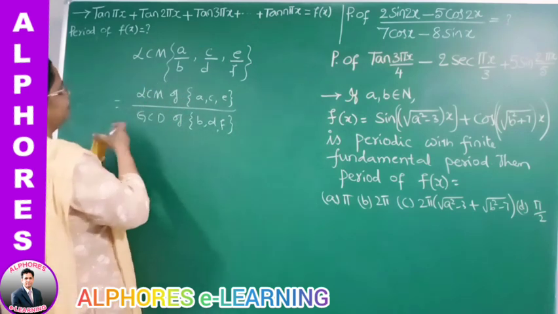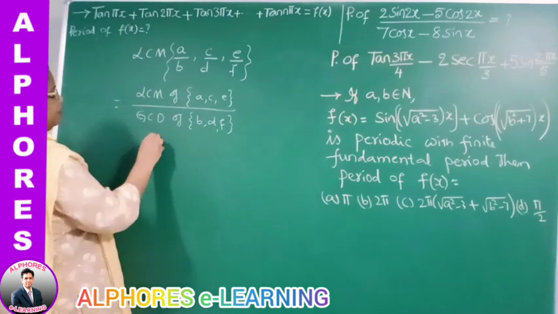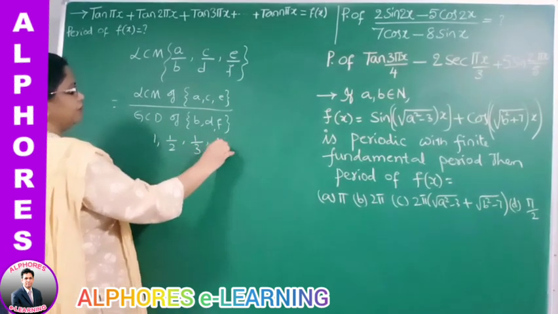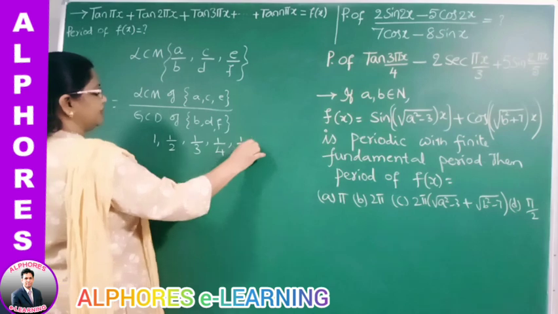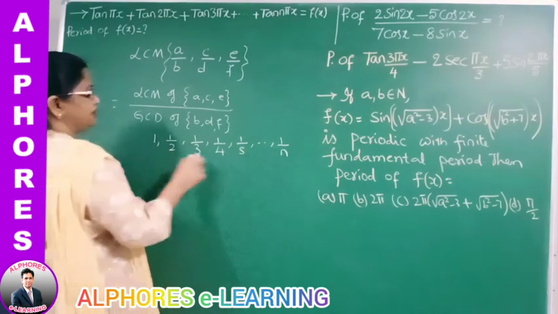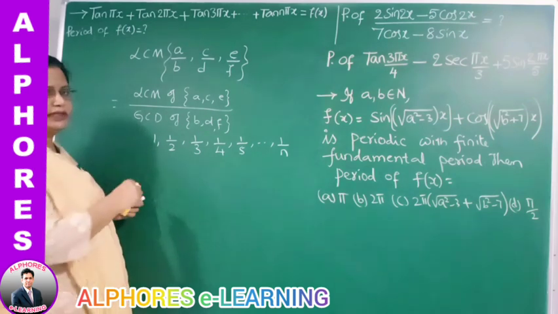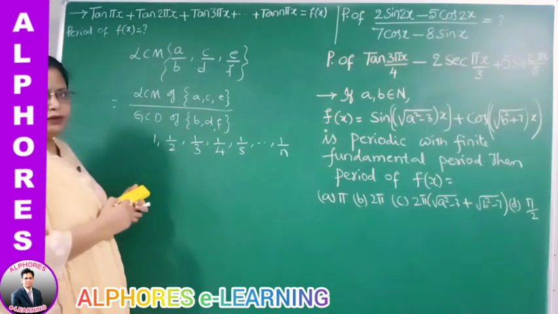For example, if I take the LCM of 1, 1 by 2, 1 by 3, 1 by 4, 1 by 5, up to 1 by n. Understand, all the denominator values are integers, and 1 means 1 divided by 1.